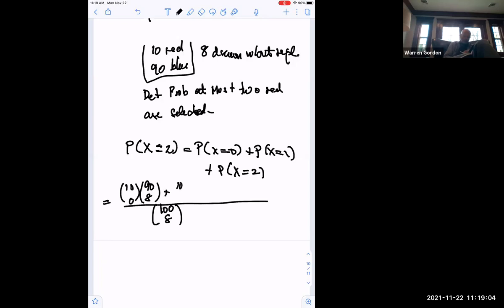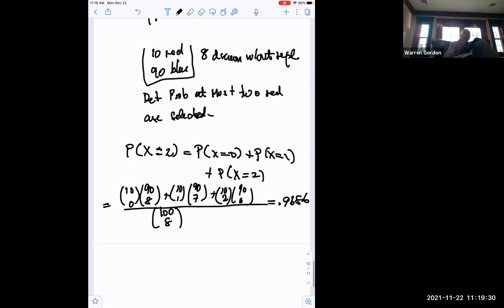If there's 1 red, 7 blue. There are 2 red, 6 are blue. And by the way, I just want to note the answer to this turns out to be 0.9686.